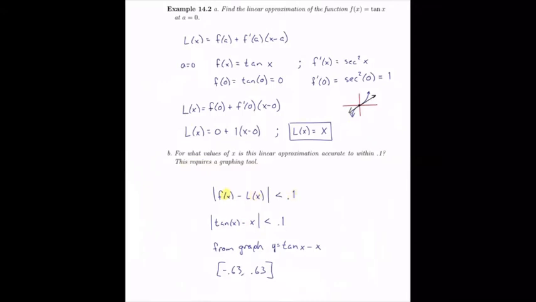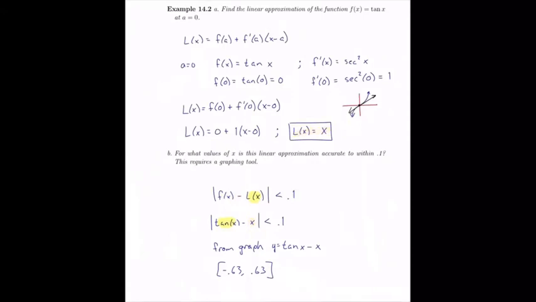So you can always write that as an absolute value. The absolute difference between f of x and its linear approximation needs to be less than 0.1. Well, f of x is tangent of x. Here's that part. And then L of x is x, as we found above.